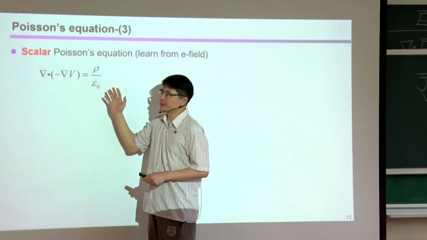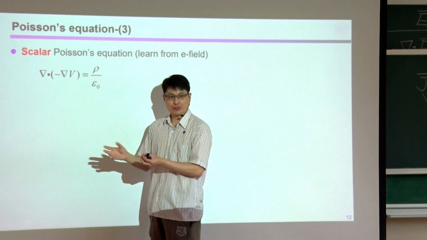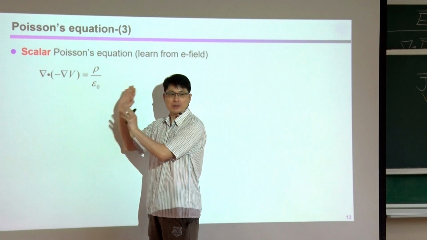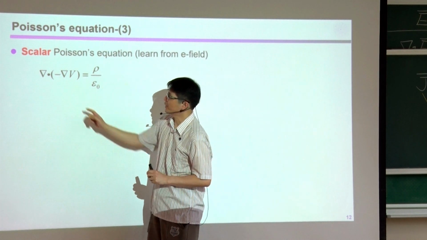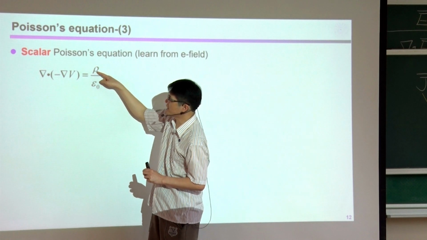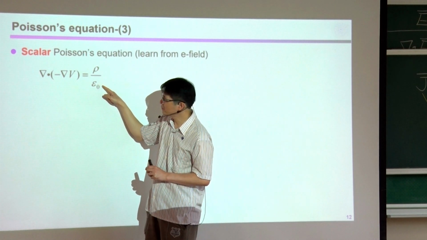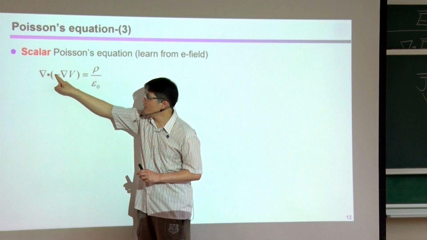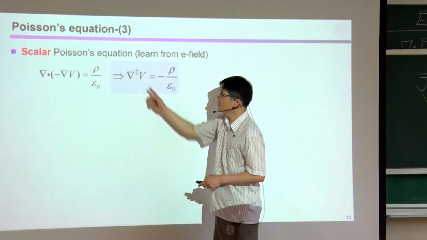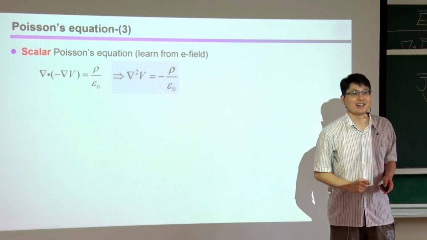At this point, we're trying to borrow the results from electric fields. This is a known equation, right? Divergence of E is equal to the charge density divided by the vacuum permittivity. But think, if we move this negative sign to the right, this is exactly what we're trying to work on.